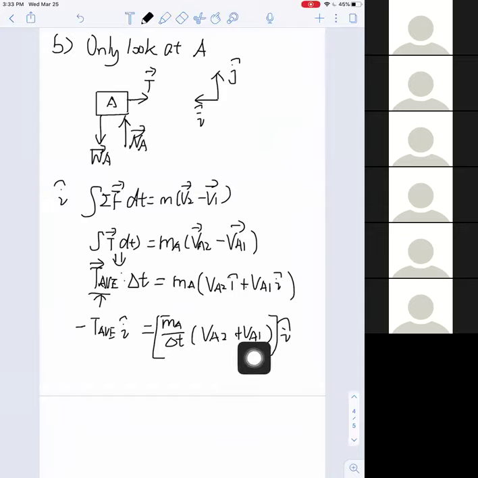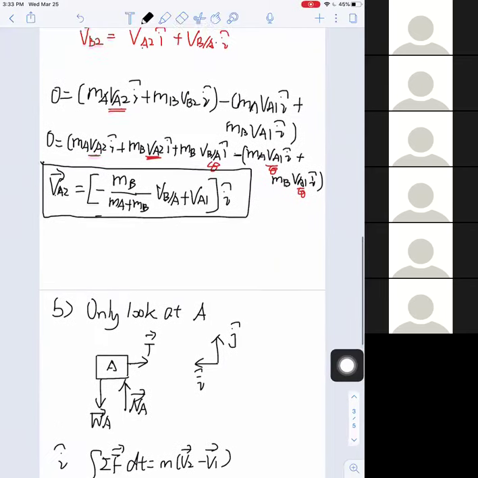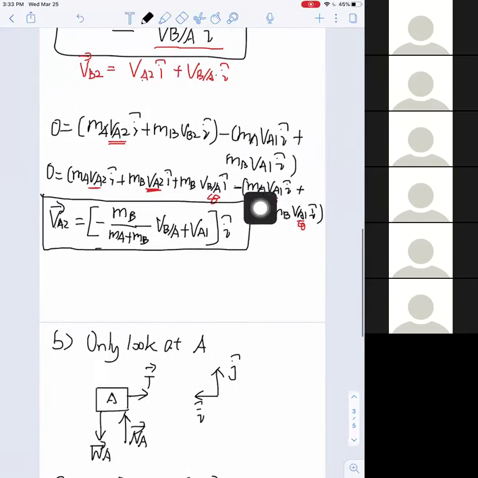Now, if you look at the expression here, VA1 is given in this problem. And VA2 is what we solved in part A, right? Let's go back to part A. Yes, this is the expression for VA2.